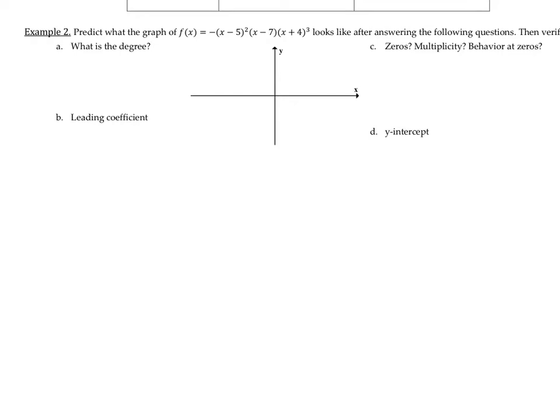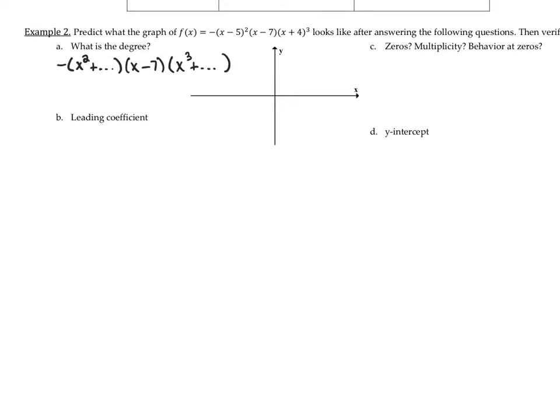If you want to know what the degree is, you need to think about what would happen if you were to multiply everything out. So if I were to multiply out x minus 5 squared, I would get an x squared plus some stuff. And then I'd multiply by x minus 7, and if I were to multiply out this cube, my highest degree from that would be x cubed, and then plus some stuff.